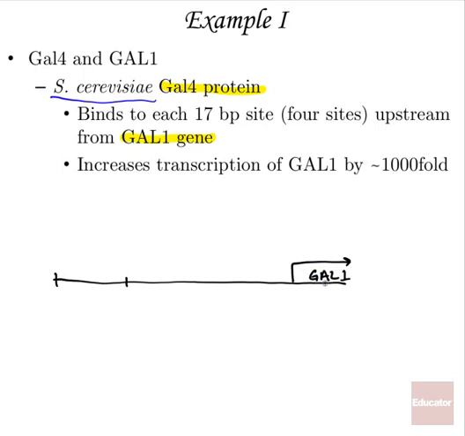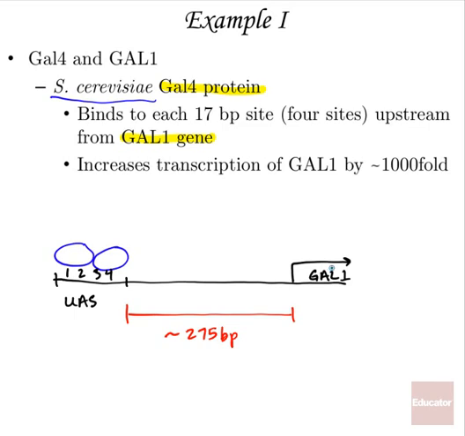This right here is a UAS, or an upstream activating sequence, and there are 4 sites here at which the Gal4 protein will bind, and it will bind as a dimer. Between the UAS and the Gal1 gene is about 275 base pairs. So the binding upstream over here will affect how this gene is transcribed.